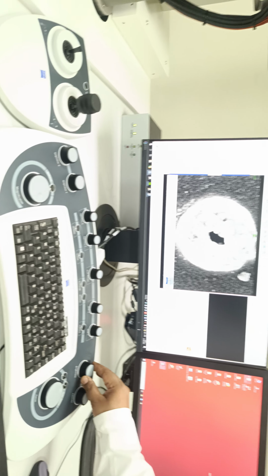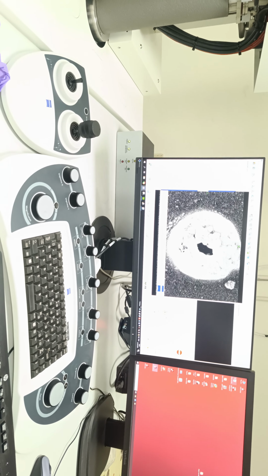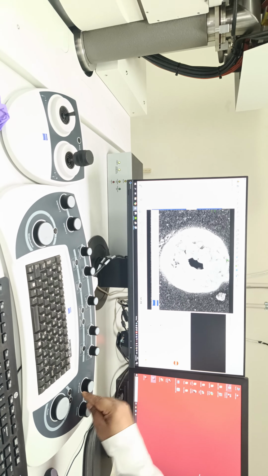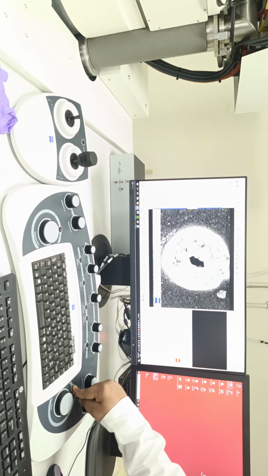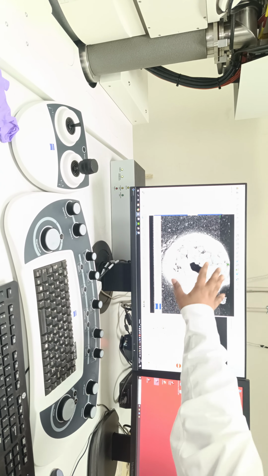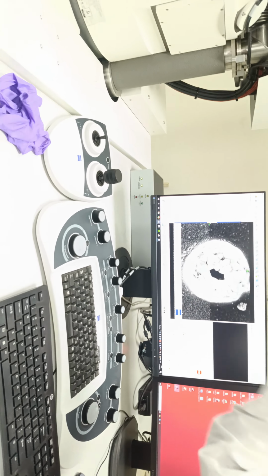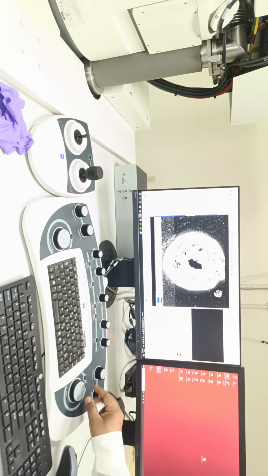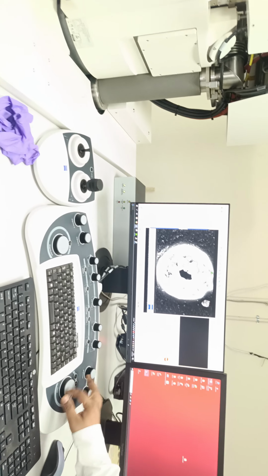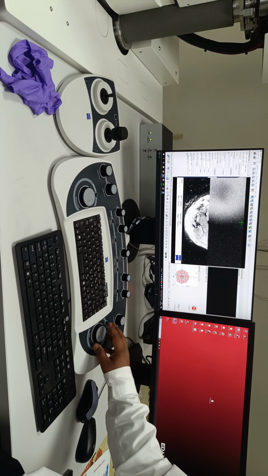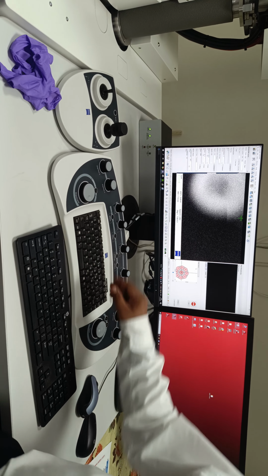Here I am adjusting the brightness and contrast so that you can understand the difference I make. The astigmatism has already been corrected, but I will remove it and then show how it can be done. First I will destroy the focus.